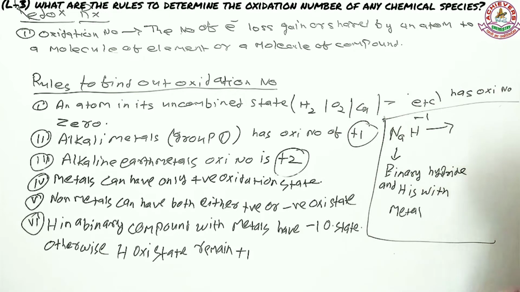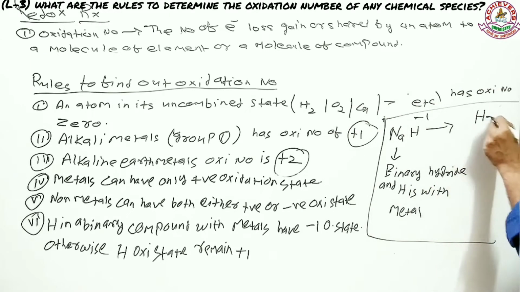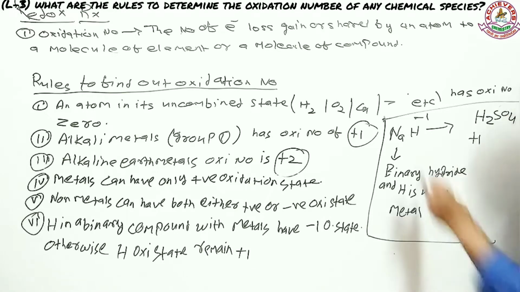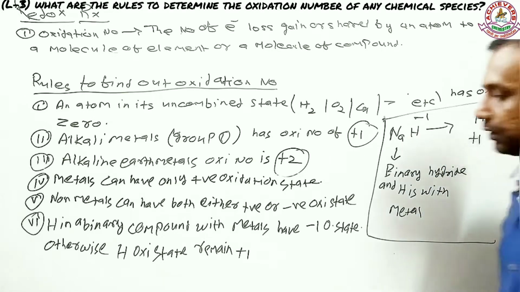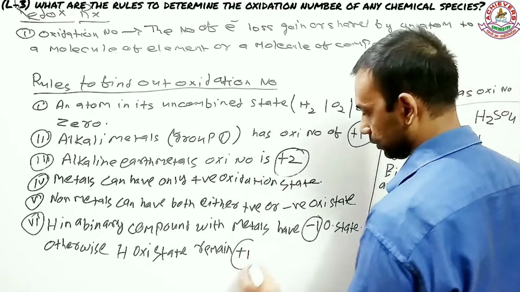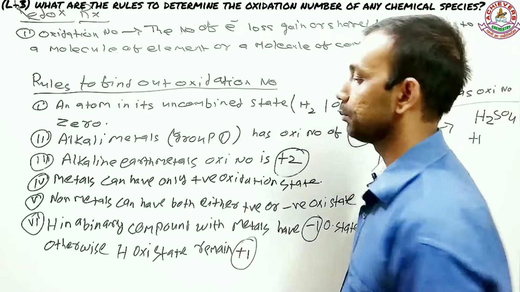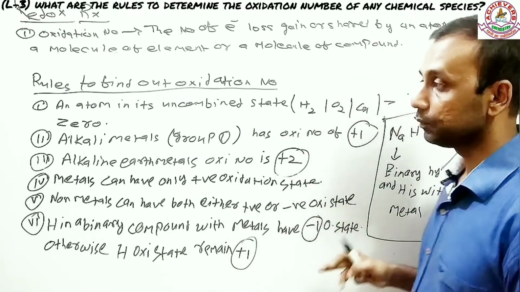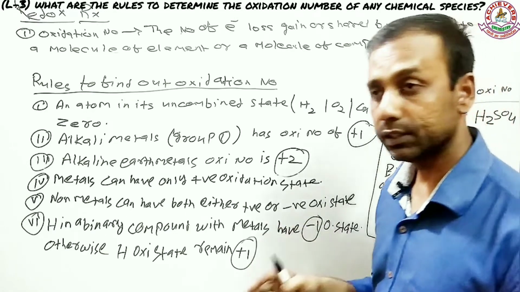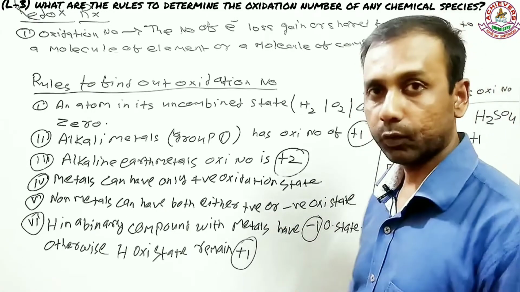So in all other situations, hydrogen will have an oxidation state of +1, like in H2SO4. Hydrogen is going to have a +1. But in binary metallic hydrides, hydrogen is going to have a -1. That's very, very important here: -1 and +1. You need to remember that. These are the key points I'm trying to get you through, which you must have in your mind before you even start calculating oxidation number in a compound for any atom.